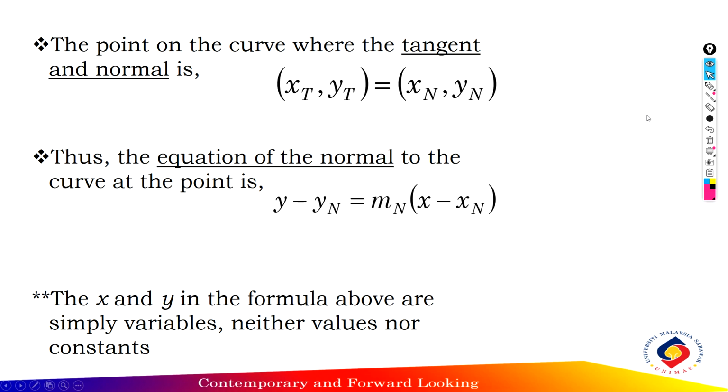And the equation of the normal is y minus yn equals mn, the gradient of the normal, times x minus xn.